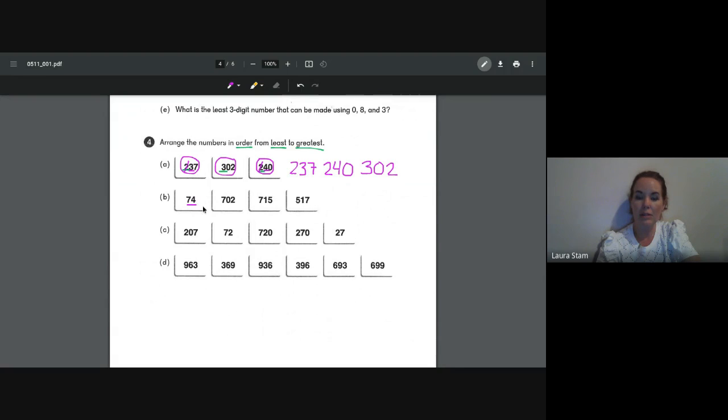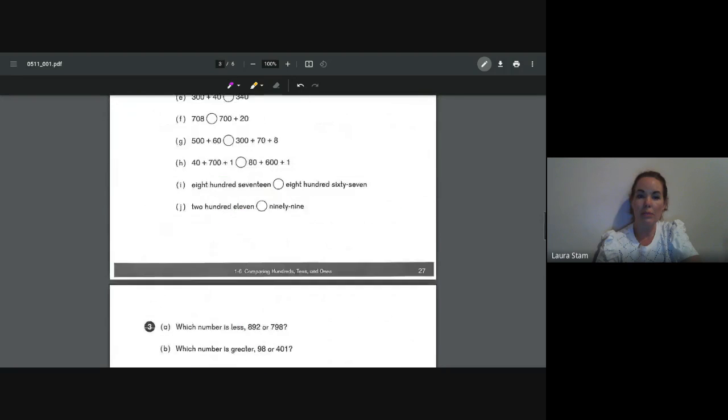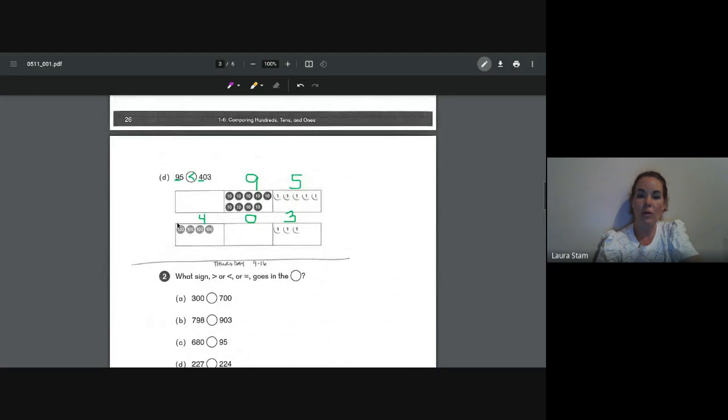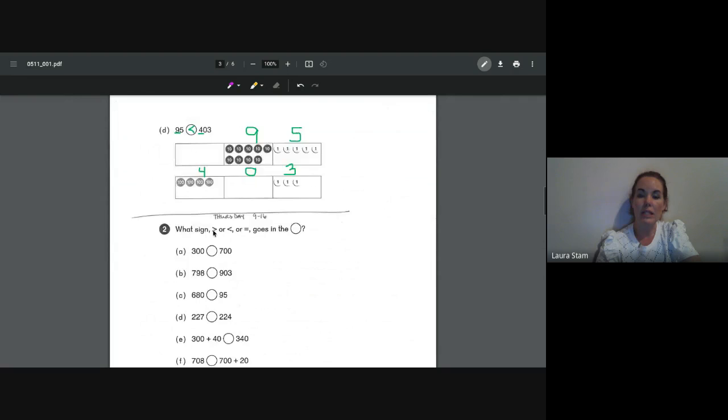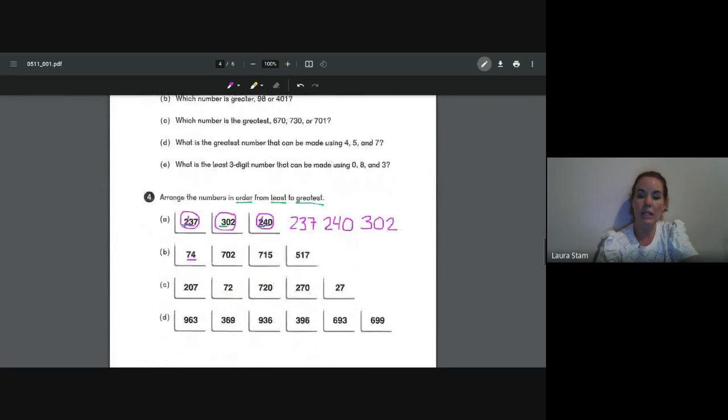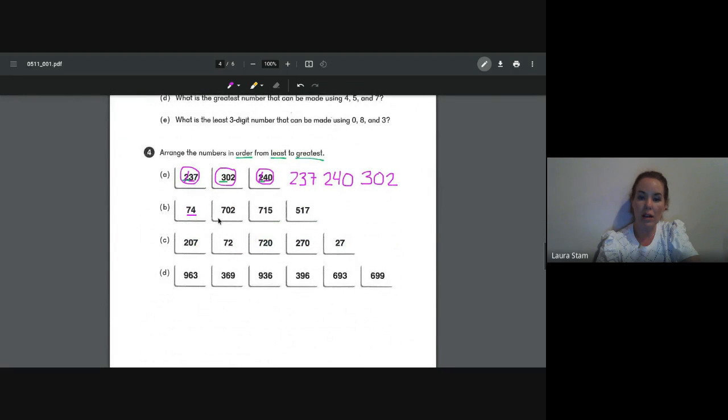Remember what we talked about with 2-digit numbers up here on this page? Don't let them trick you because they don't have a hundreds place, so they're smaller than all the rest of these. These all have a hundreds place. This one doesn't, okay? Now, that makes this problem easy because we're supposed to find the smallest number first. So we know right away this can go very first. We can get him done and out of the way.